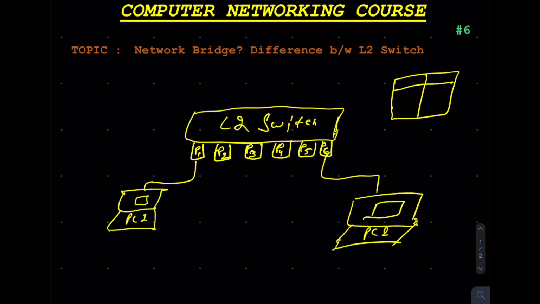It will maintain one entry based on MAC versus port, where PC1 sends the packet. So PC1's MAC will be entered here, and the port number will be here. This is how a switch generally works. I hope you're familiar with this flow, and the same goes when PC2 replies: the switch has already entered it in the switching table, so it will directly forward to the PC1 port.